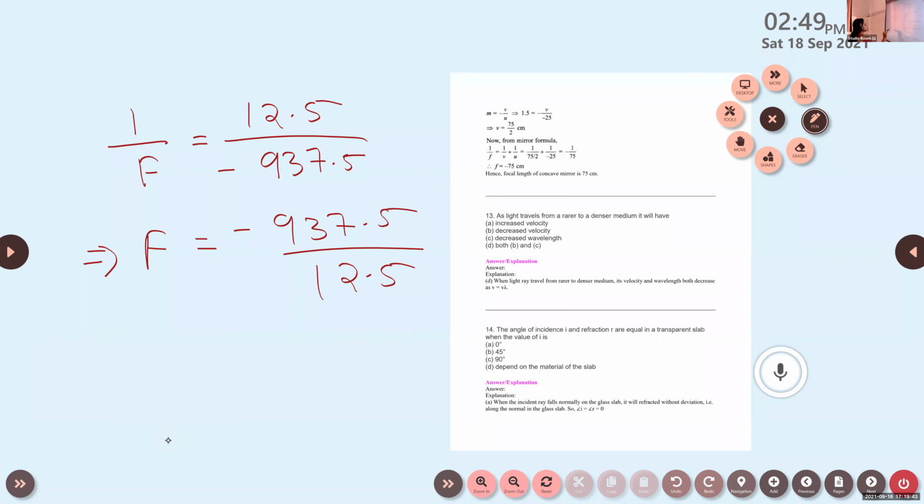That is equal to minus 75 centimeter. So the focal length of the concave mirror is negative 75 centimeter.